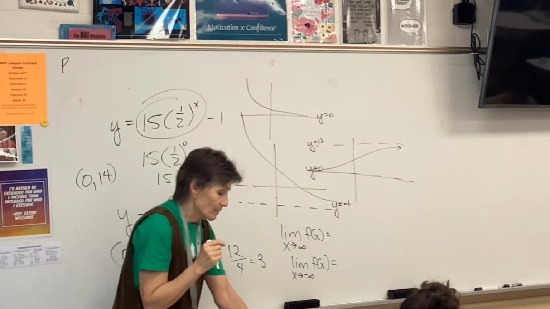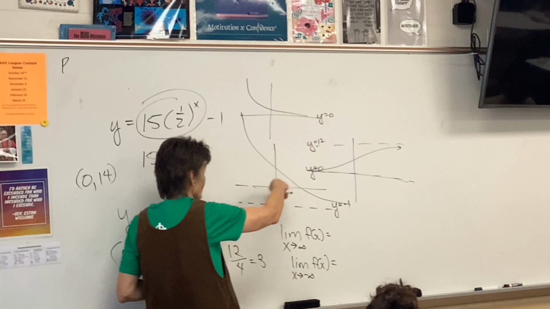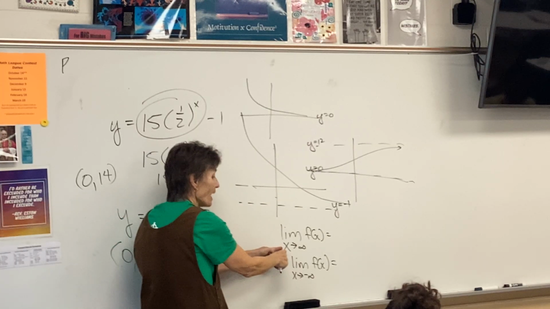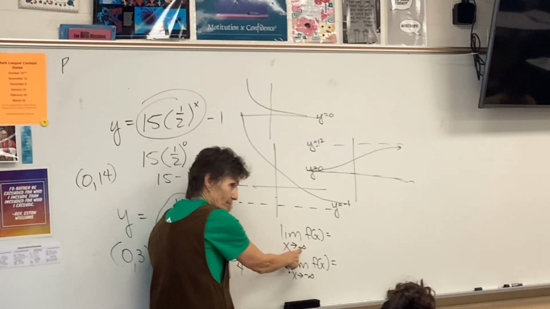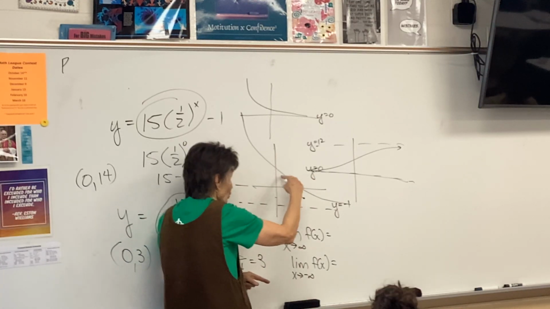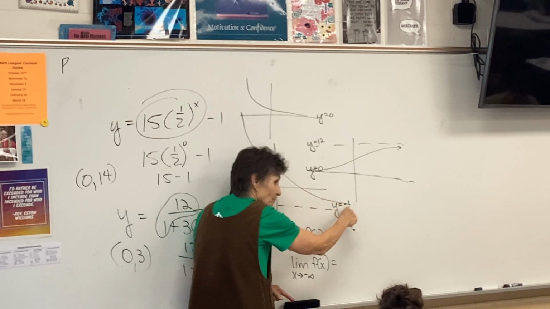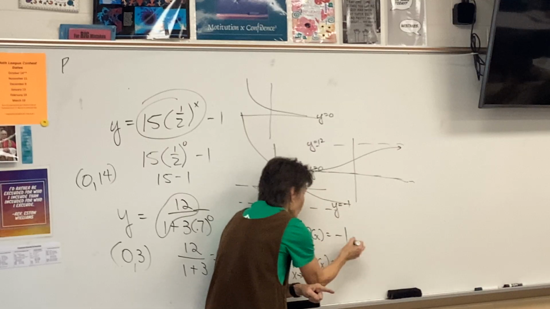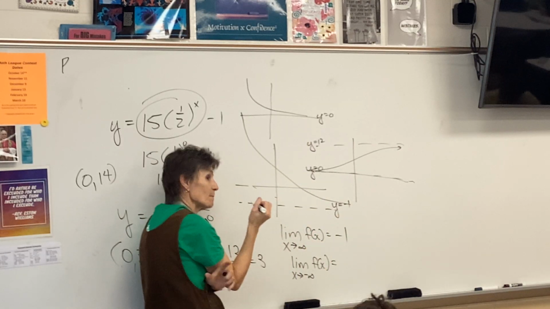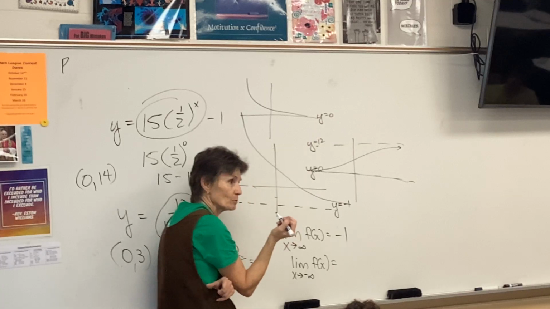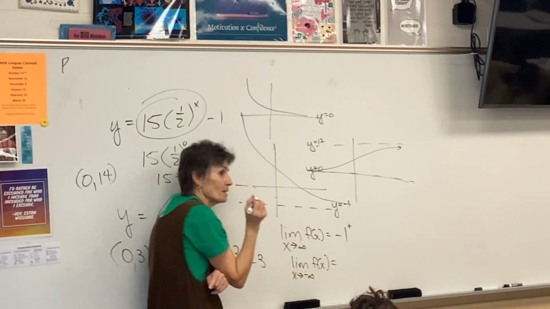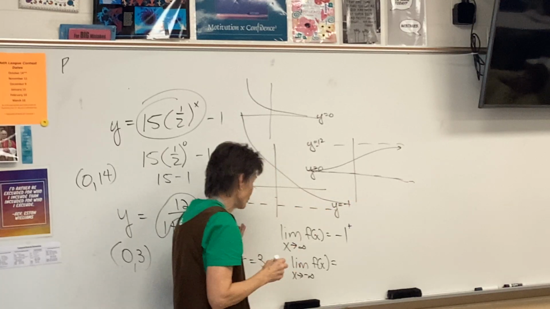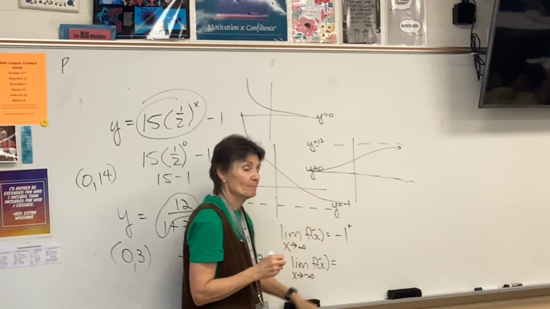Now, I'm going to look at my picture for this one. As I go to the right, my curve is doing what? Coming down, getting closer to -1. And if I want to be really precise, I'll put a little plus here because it's coming in from the top as opposed to coming in from the bottom.